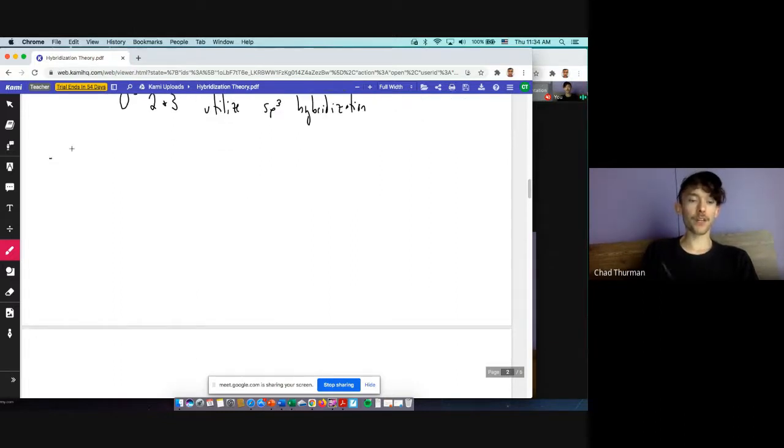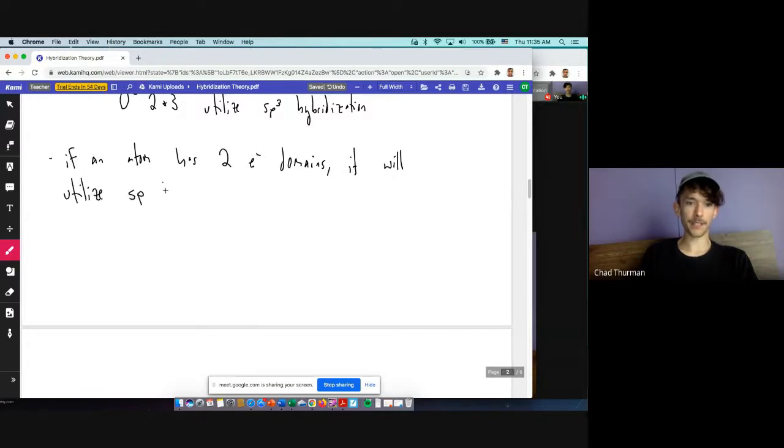Next, you all need to know that if an atom has 2 electron domains, it will utilize sp hybridization.